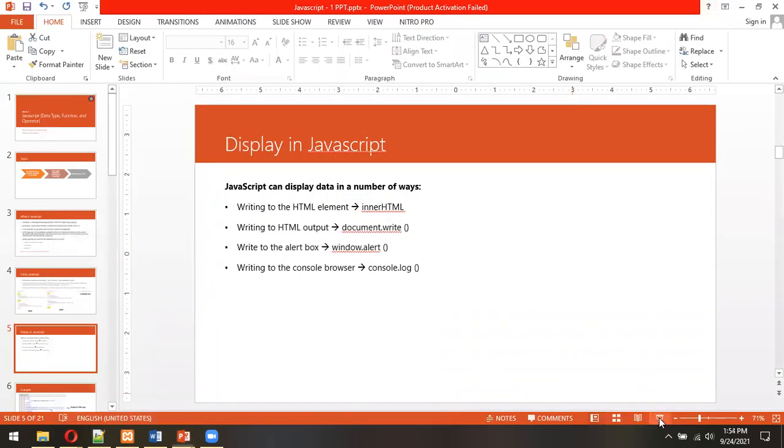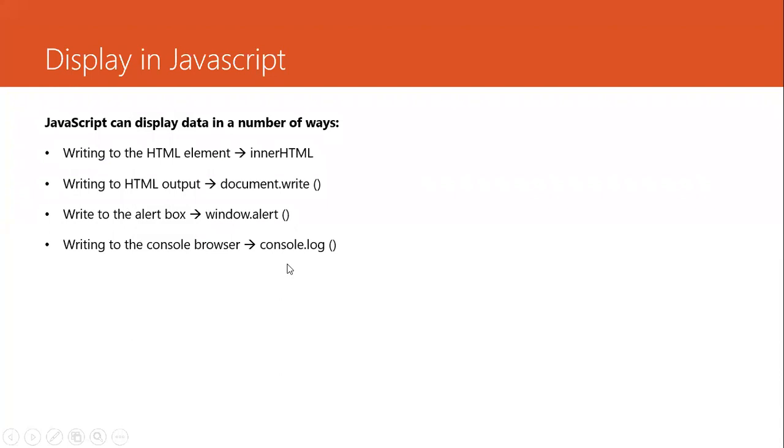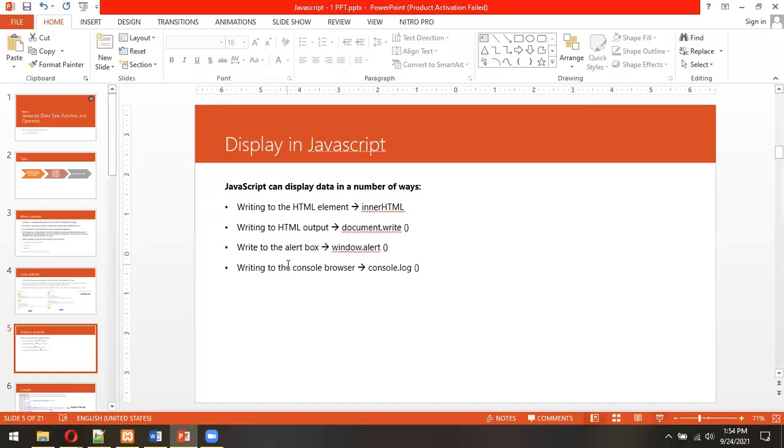And the fourth is we can also display the JavaScript data or program in the browser console. If we display it in the browser console, we won't see it in our web page. So our web page, our HTML file, will be clean, but if we want to see this, we must open our browser console. I will give you an example.